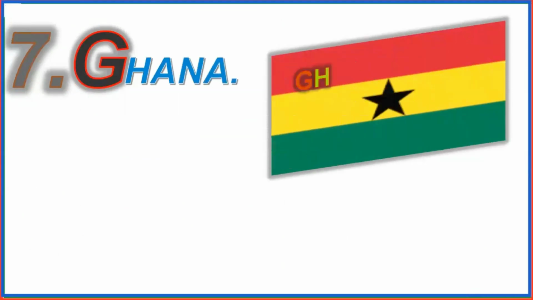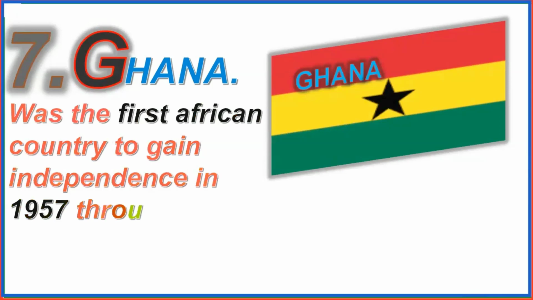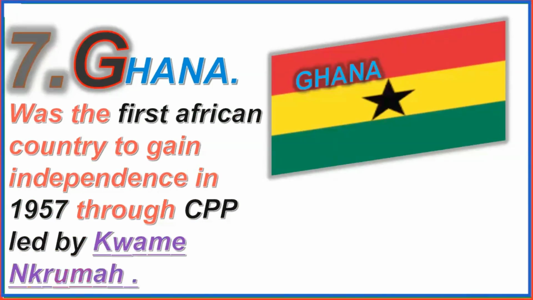All right. G for Ghana. Ghana was the first African country to gain independence, in the year 1957, led by Kwame Nkrumah. Ghana, the first African country.